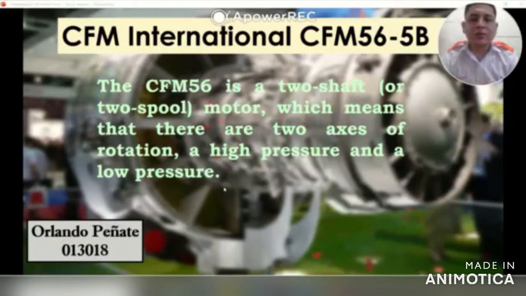The engine is also an option in the Airbus A320 family. The CFM56 is a high bypass turbofan engine, with several variants having bypass ratios ranging from 5 to 1 and 6 to 1, generating 18,500 to 34,000 pounds of thrust.